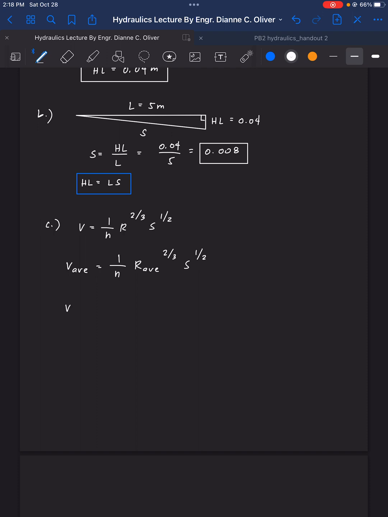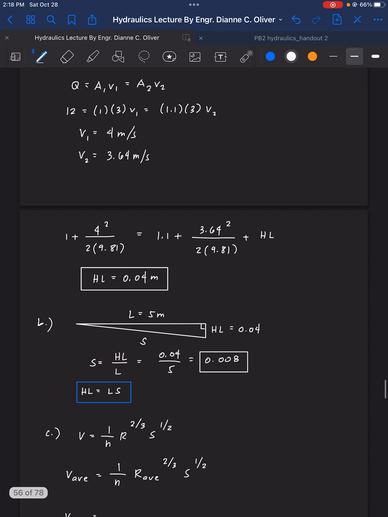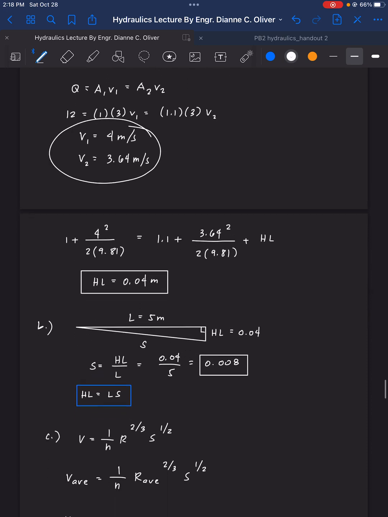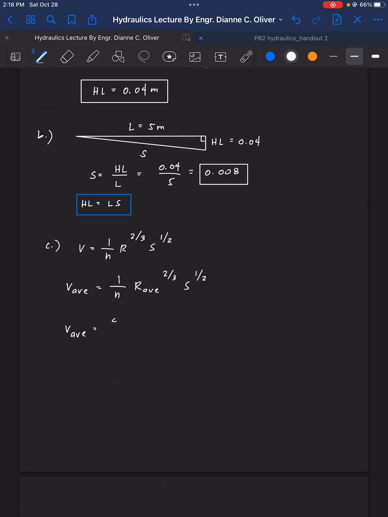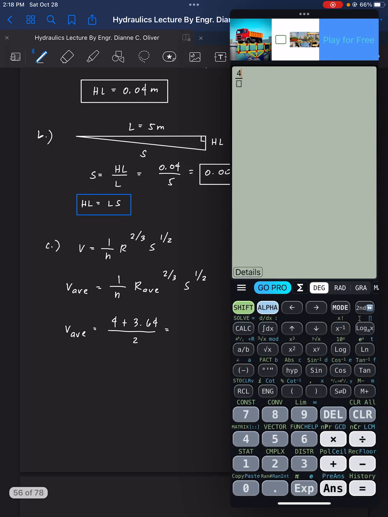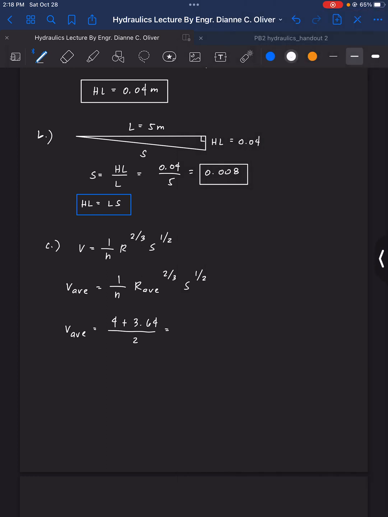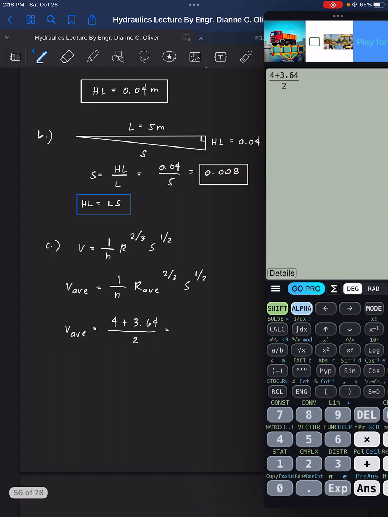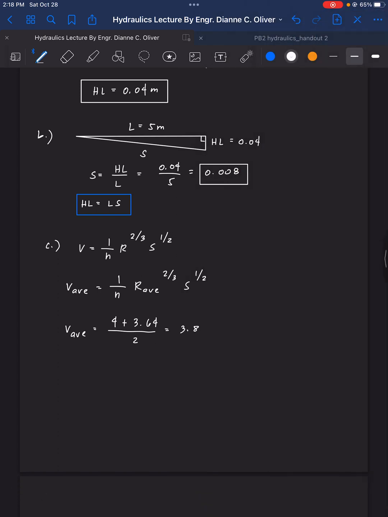For V average, we just get the average of the two velocities: 4 plus 3.64 divided by 2, that is 3.82 meters per second.